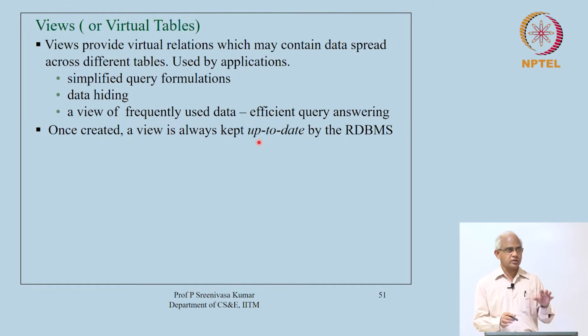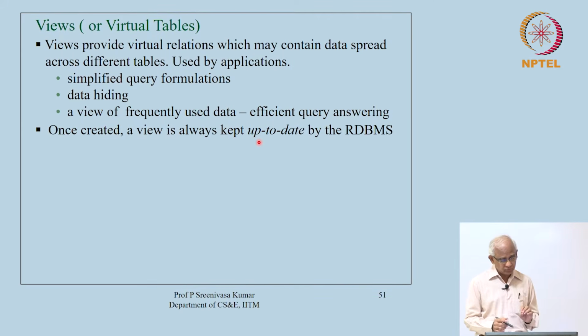Obviously, when data changes in the base tables, the views will have to change; the data in the views will go through the appropriate changes. This propagation of the changes done in the base tables to the views, and keeping them up to date, is the responsibility of the RDBMS system.